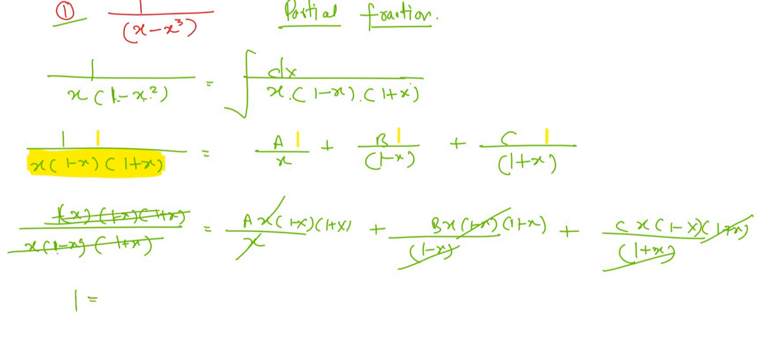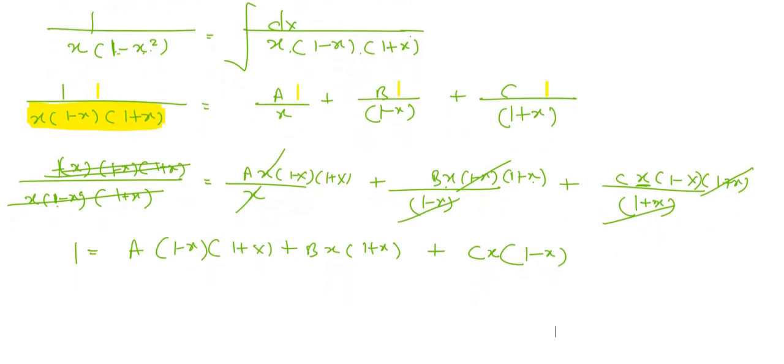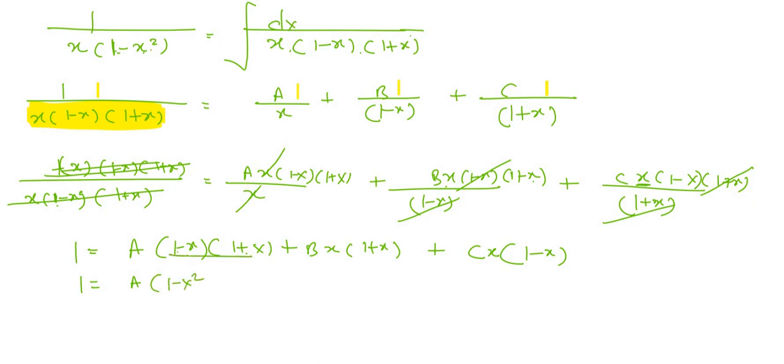So this is 1 is equal to a times 1 minus x, 1 plus x, plus b times x into 1 plus x, plus c times x into 1 minus x. Fine. Multiply further: equal to a into 1 minus x square, plus b into x plus x square, plus c into x minus x square.